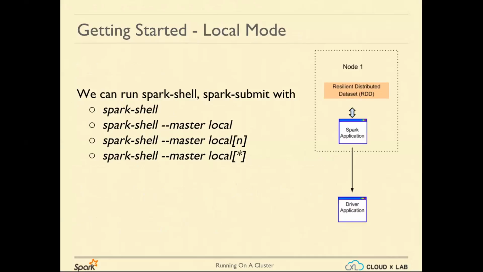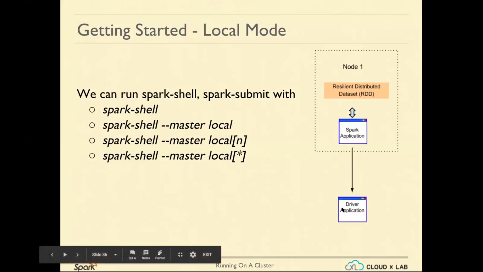So we can run spark-shell, or spark-shell --master local, and then you can pass a number in square brackets. We're going to talk about it soon. What's happening in local mode is that the Spark application runs on the same machine, and the driver application is also on the same machine. All right.